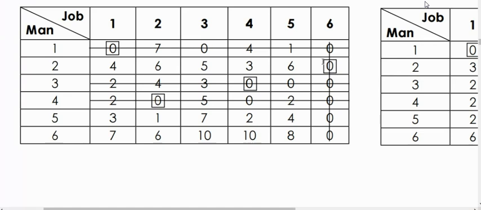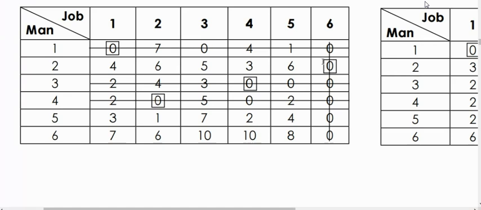See, where am I required to allocate? The assignment happens where there is no confusion between which job should be allocated to which man. That means a clear allocation is possible. Clear allocation means only one person is required to do one job, and that requirement is found out by zero.